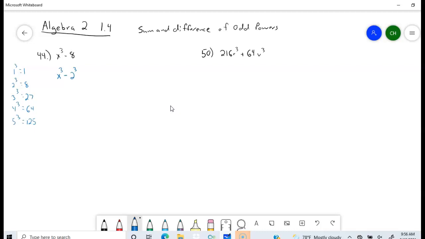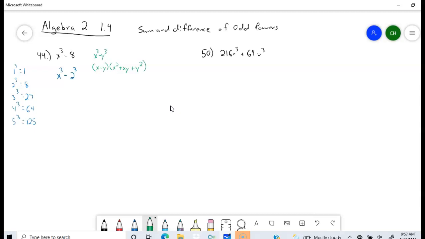All right, so if I can write this as x cubed minus 2 cubed, then I have the difference of perfect cubes. There's going to be a formula that we can use. If we have something like x cubed minus y cubed, the way that would factor is x minus y, times x squared plus xy plus y squared.